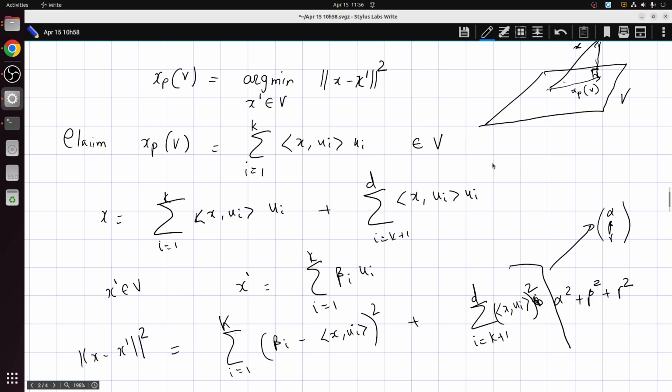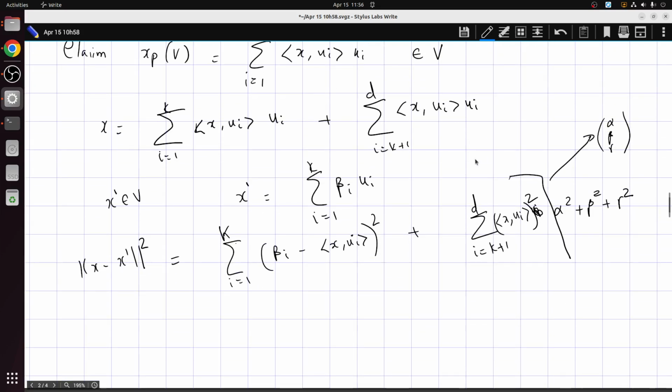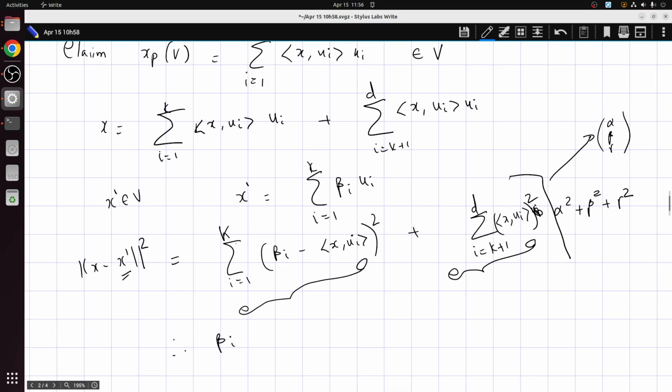I hope this is all right. Now for any vector X bar I can take, I can never control this second part of the error. The only thing I can do is control the first part. Therefore beta_i must be equal to the inner product of X and U_i to reduce the error. So hence we have proved the claim.